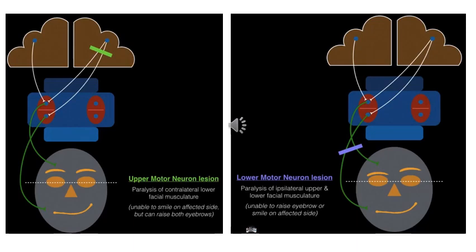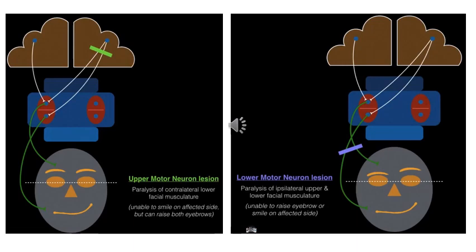In the green, you can see a lesion. A lesion is shown in the cerebral cortex, and when that lesion occurs, you can see the whole supply to the pons, or the facial motor nucleus, is cut off, and the lower motor neurons will not be able to move the muscles of facial expression.